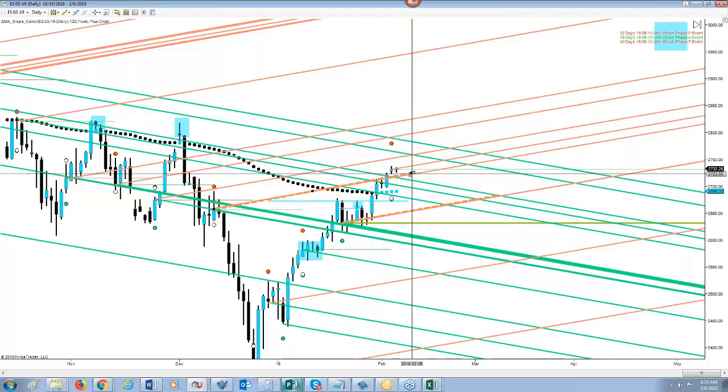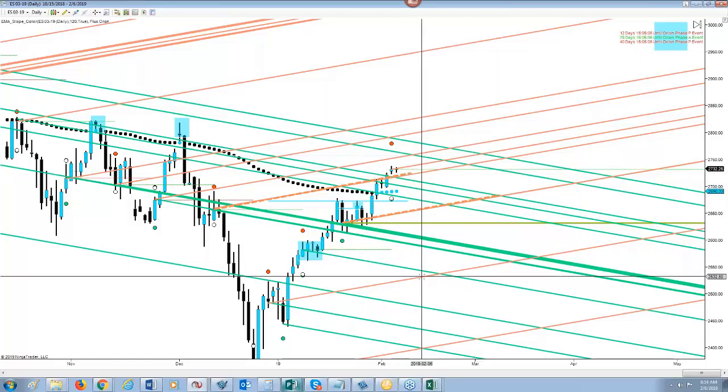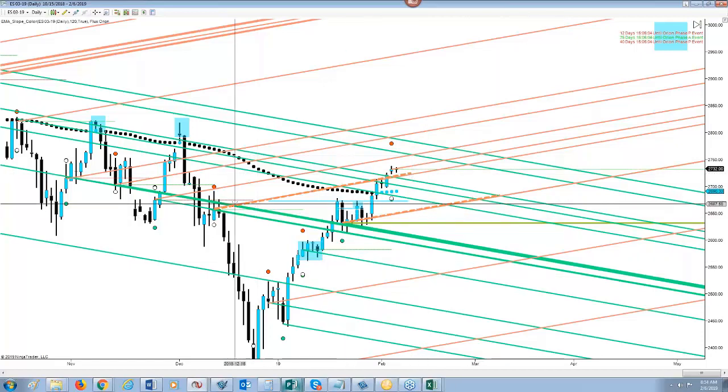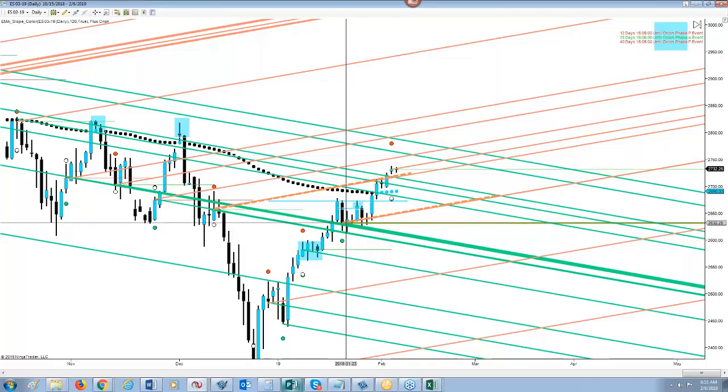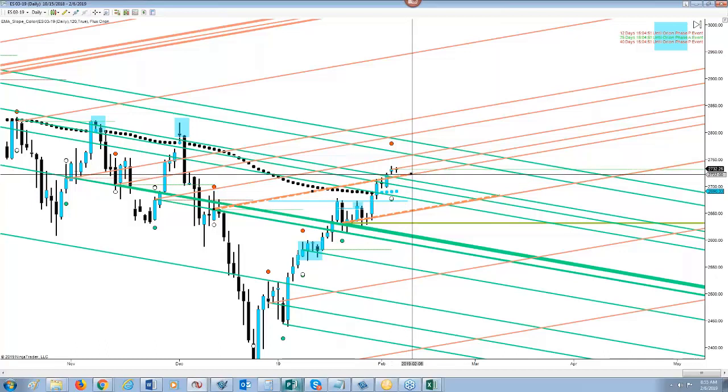That was the target. The prior red signal above us. So the closest green signal to us right now is this one. So yeah, there's support underneath us right there.